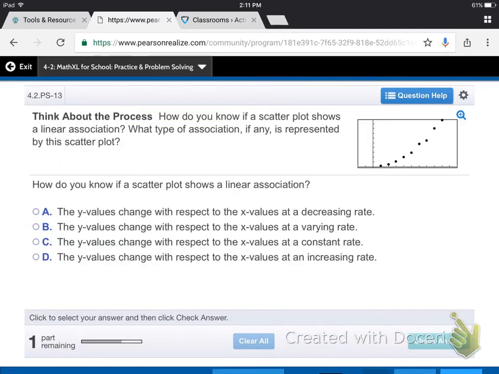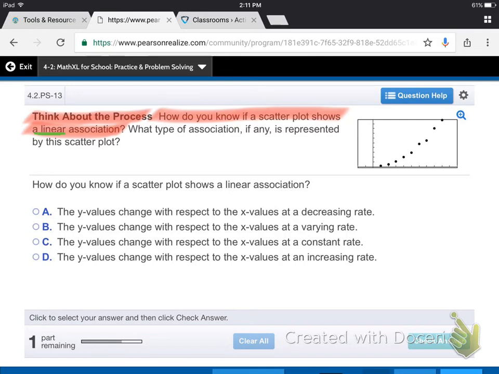Okay, next problem. It says to think about the process. How do you know if a scatter plot shows a linear association? What type of association, if any, is represented by this scatter plot? Well, you know that in the word linear, the word line is there, and so we're looking for data that makes a straight line on the graph.